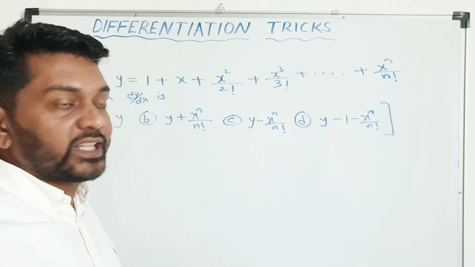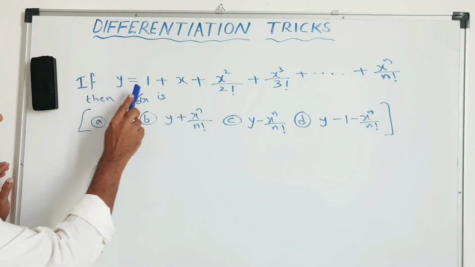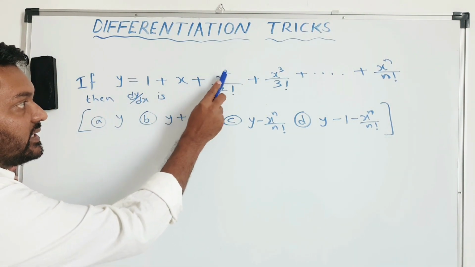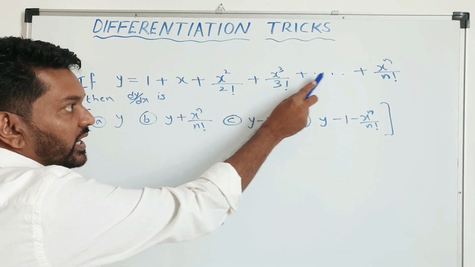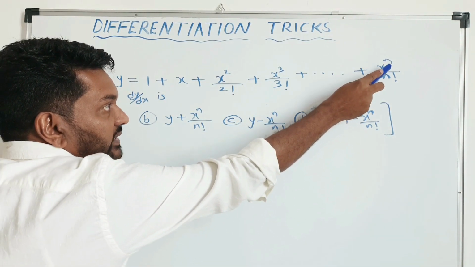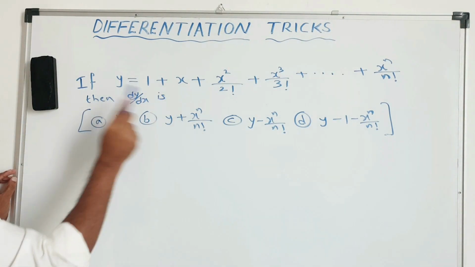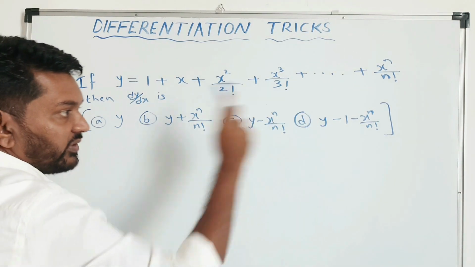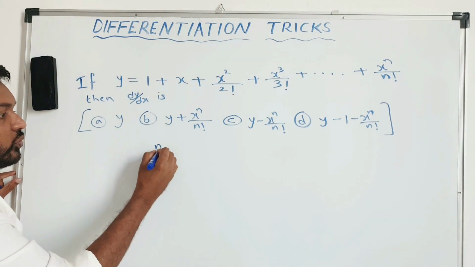Now we will see another question using the same substitution method. If y equals 1 plus x square by 2 factorial plus x cube by 3 factorial plus etc. plus x power n divided by n factorial, then dy by dx is, different options are given. So I am taking n equal to 1.